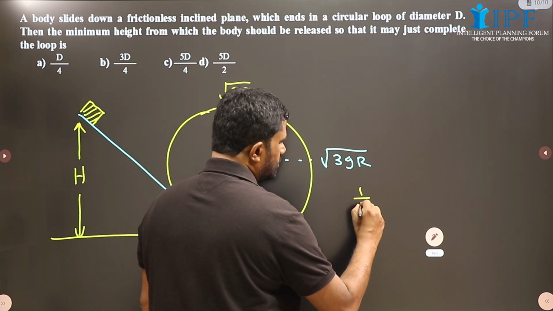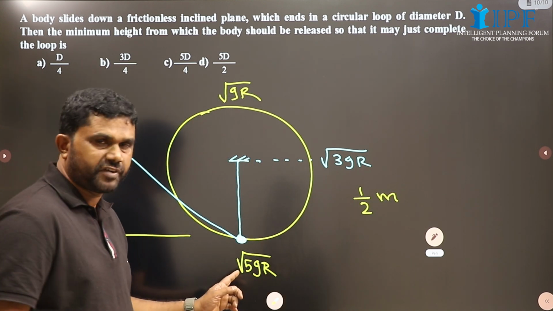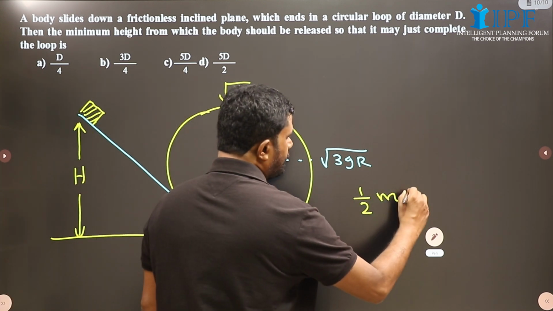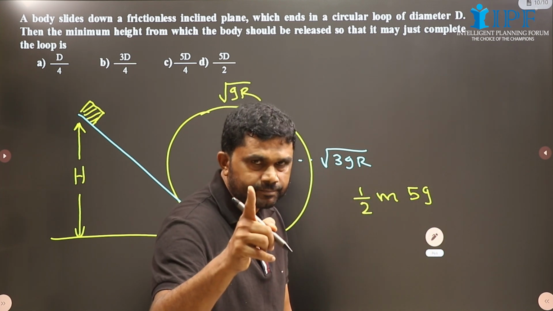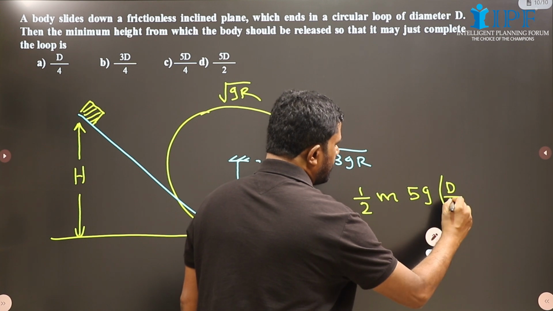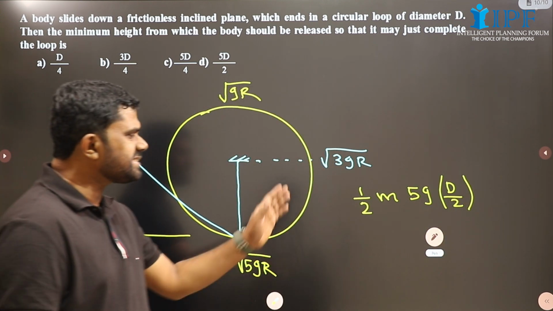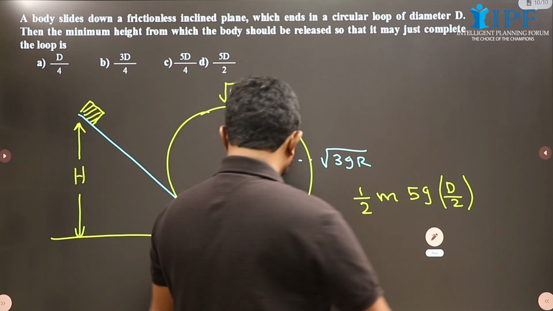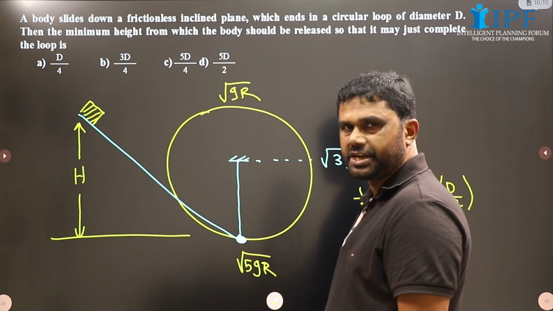So half, mass m, velocity square, where velocity is root 5gr, so its square will be 5gr. Next is the radius, but we can represent that radius as half of the diameter. D is the diameter, so the radius will be D by 2. This is half mv square, the kinetic energy at the lowest point. That must be equal to the potential energy at the highest point.